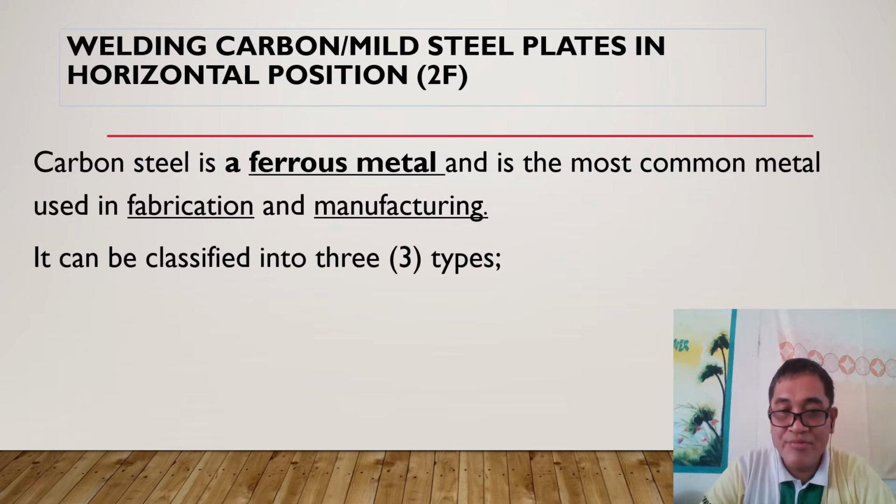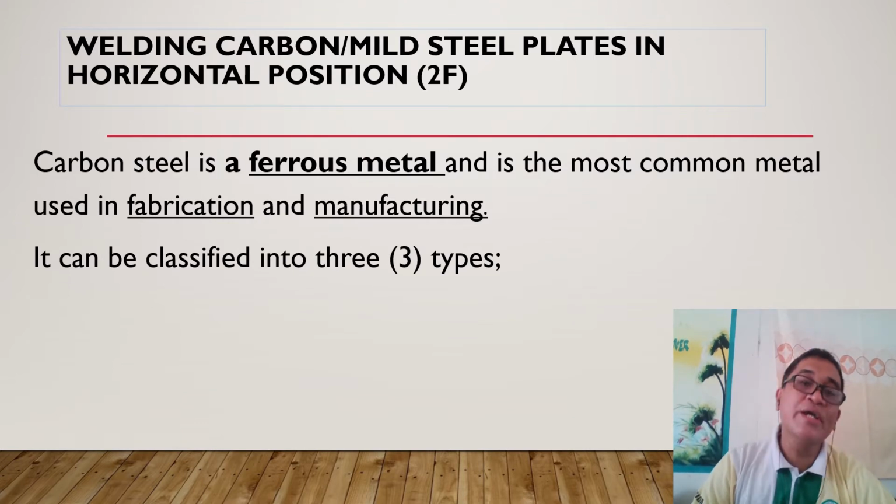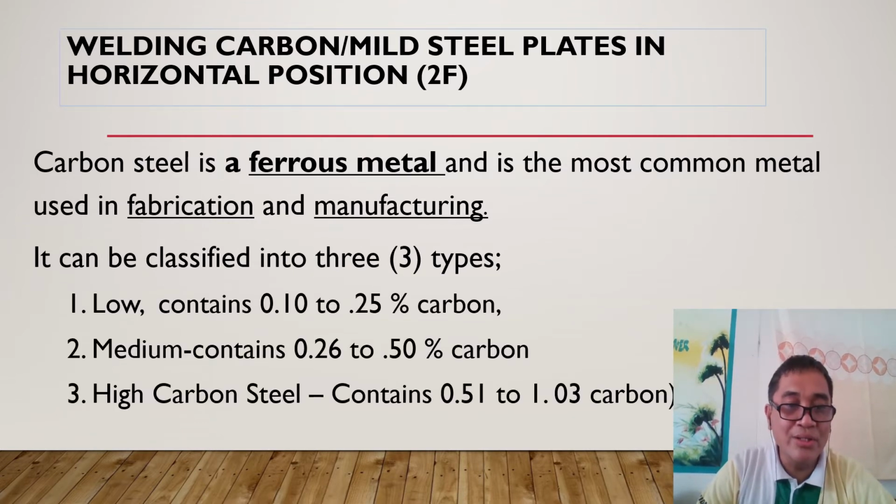It can be classified into three types: low, medium, and high carbon steel. The low carbon steel contains 0.1 to 0.25 carbon, while the medium carbon steel contains 0.26 to 0.5, and the high carbon steel contains 0.5 to 1.03 carbon. So that's carbon steel.